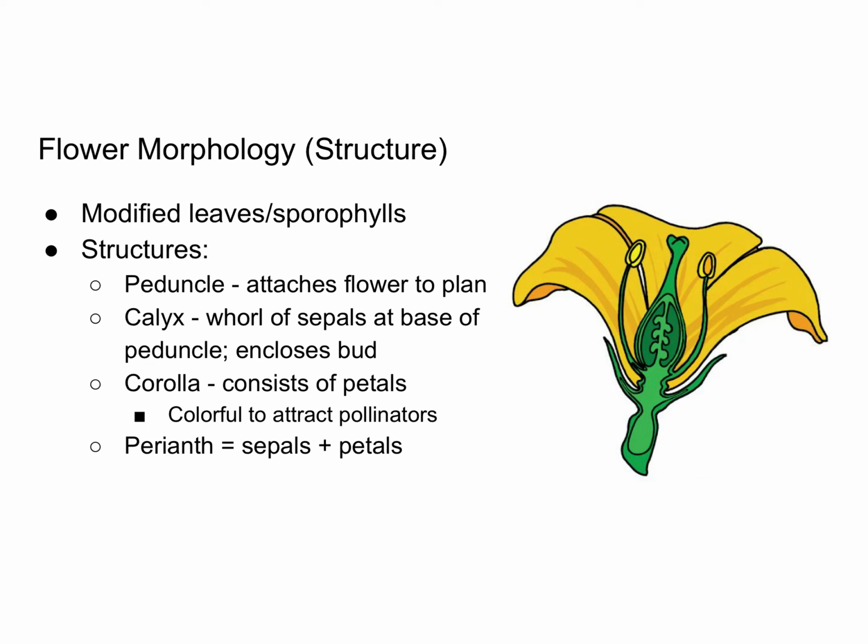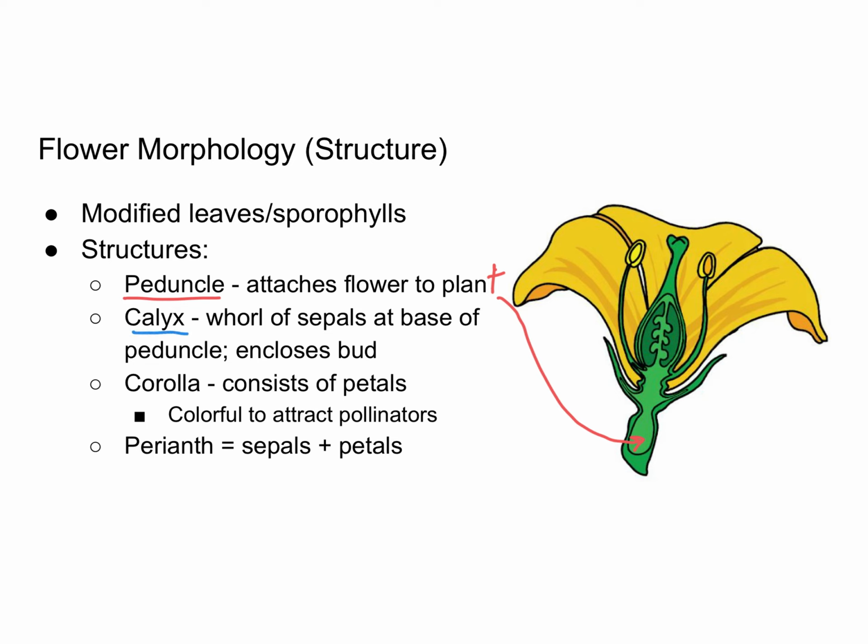Now let's take a look at the anatomy of a flower. So the peduncle is what attaches the flower to the rest of the plant. And I apologize that this overlapped the T in plant. And so that is going to be the structure down here.